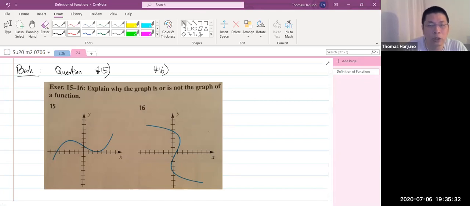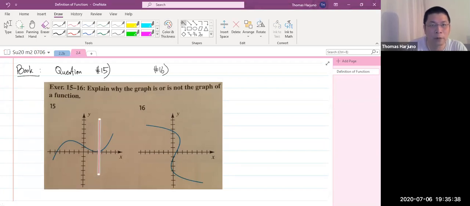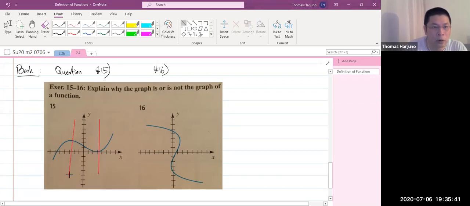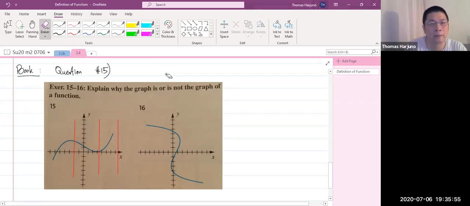What you can do is you draw a random vertical line. As long as that vertical line intersects the graph at most once, then it is a function.